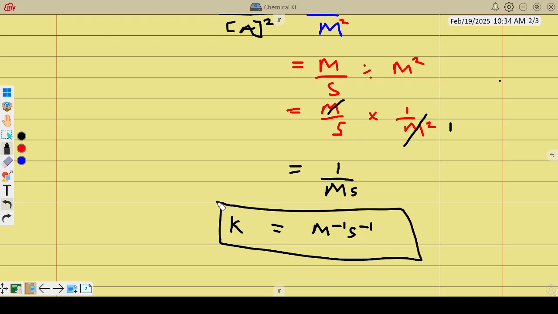M negative 1, M inverse, s inverse. Or sometimes if they want to complicate things, they can give you this. They just want to spin your head like, we'll show these students that as lecturers we're more capable.